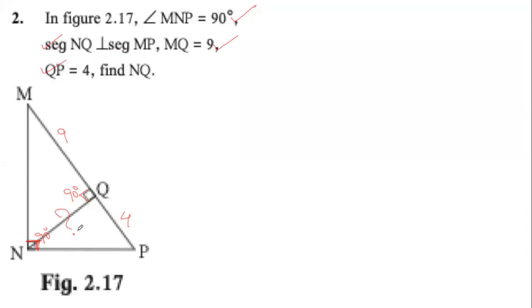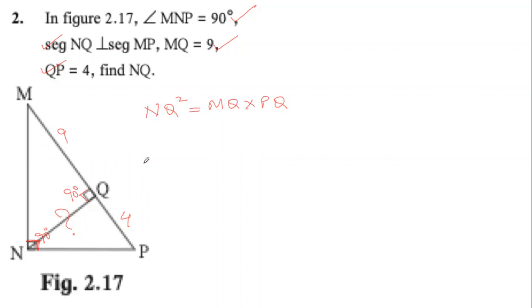The hint I am giving you is we will use the theorem of geometric mean. Use it, do the calculation in your notebook, and then share your answer in the chat box with everyone. Now, using the theorem of geometric mean, we can say that NQ square is equal to MQ into PQ.